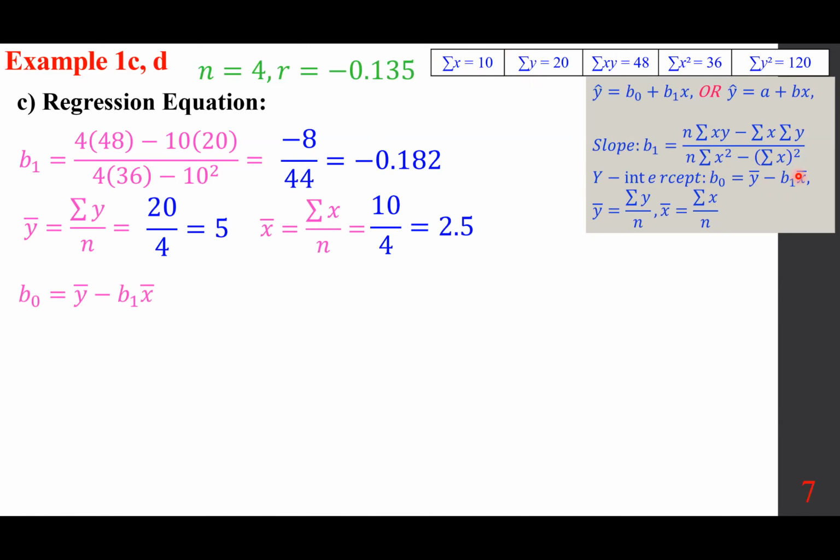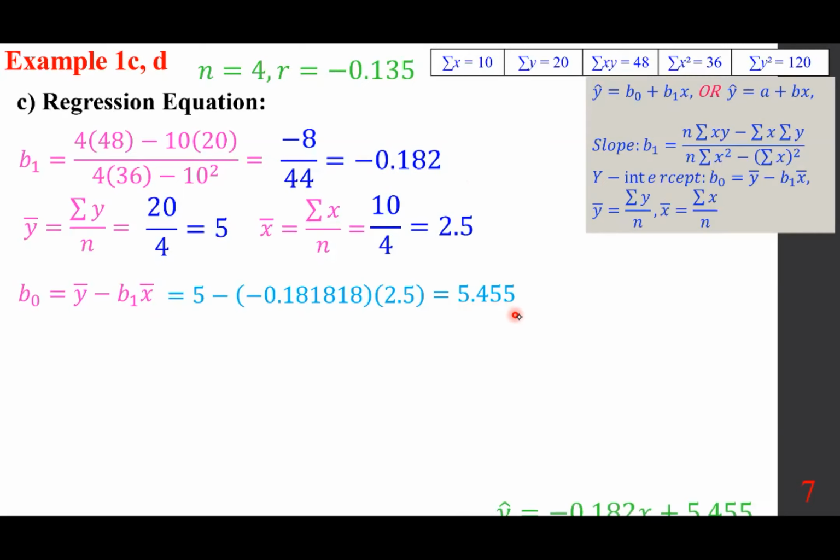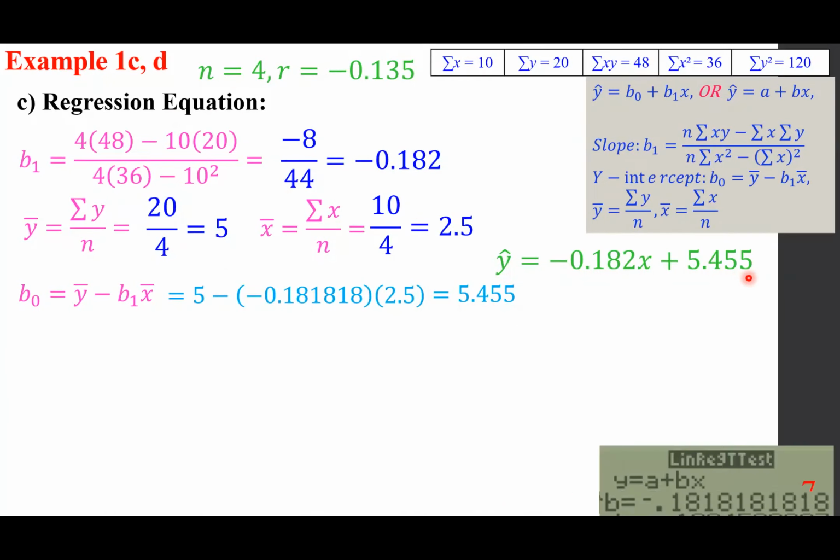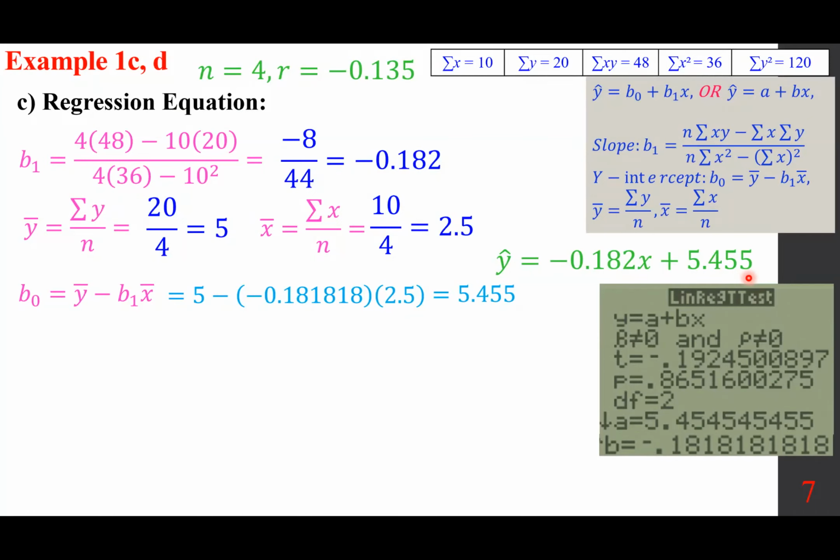Plug it into this formula, y bar minus b1 x bar, so that becomes 5 minus this number times 2.5. Now notice, when I'm using this number, I'm using a lot more decimals because I want to be pretty precise. And we end up with, again, a bunch of decimals, 5.455. Therefore, the formula for the regression equation, and we did it by hand, is y hat equals negative 0.182x plus 5.455.